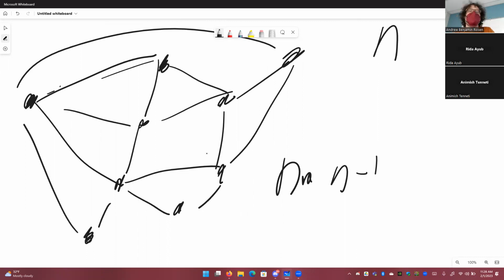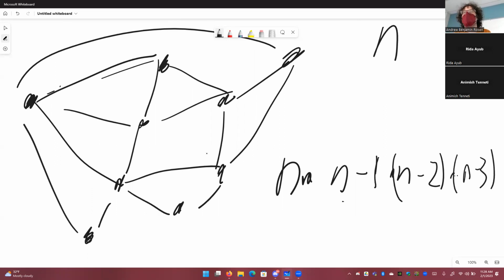So we have about n choices, we can start anywhere. And then from there, about n-1 choices for our first move, about n-2 choices for our second one, and about n-3 choices for our third one, and so on and so forth. So what does that converge to as we keep multiplying in descending order?